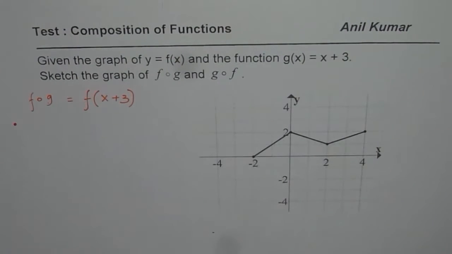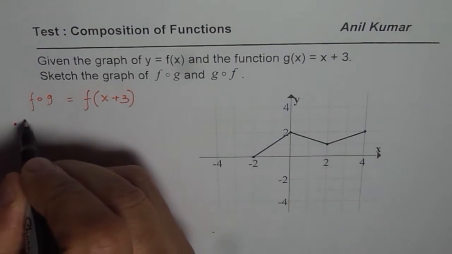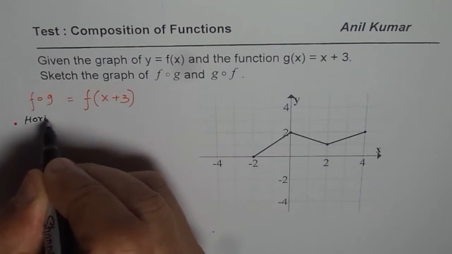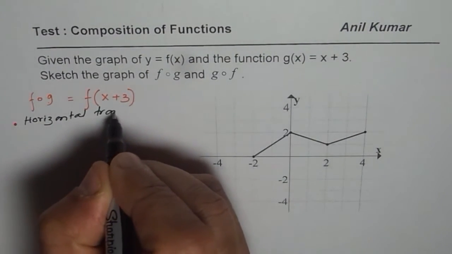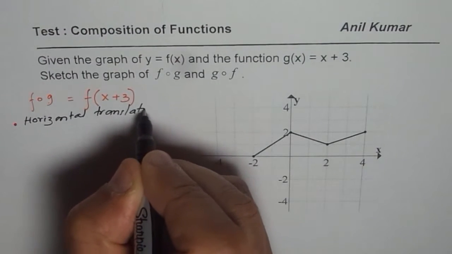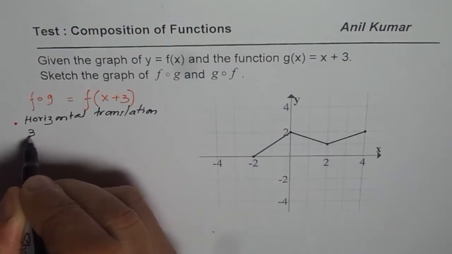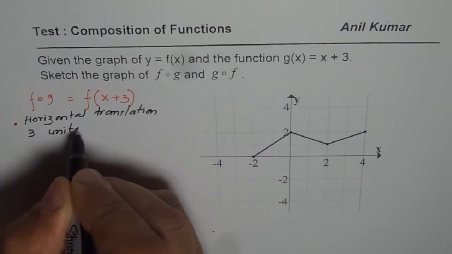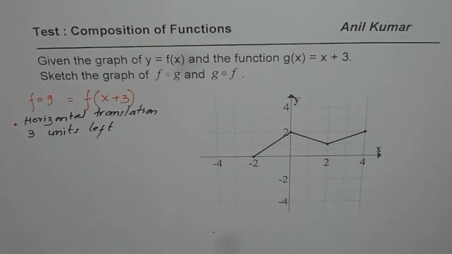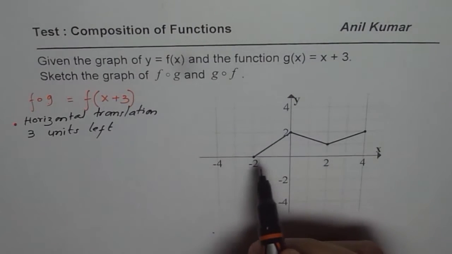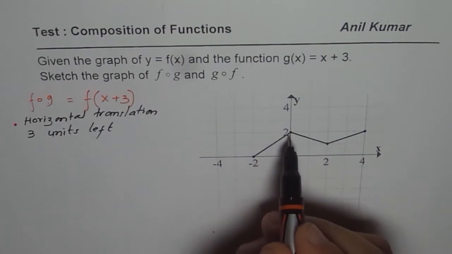This really means three units left. Is that clear? So when you sketch the graph, you will sketch the original function, each and every point translated 3 units left.